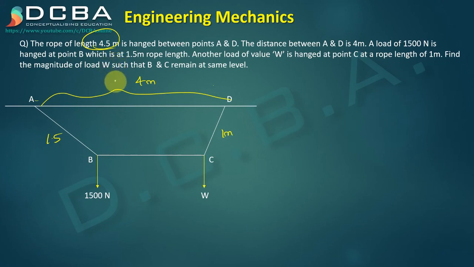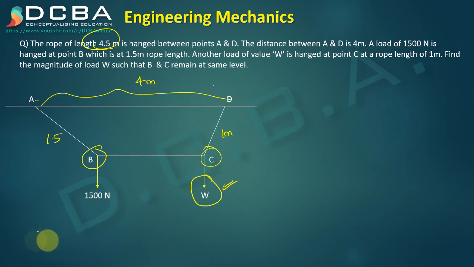What I need to do is, when I apply this load W at point C, there will be a point when the entire system will attain equilibrium, and what we want is, when the system attains equilibrium, point B and point C rest on the same level. So we need to find what value of load W I have to put such that B and C remain at the same level.